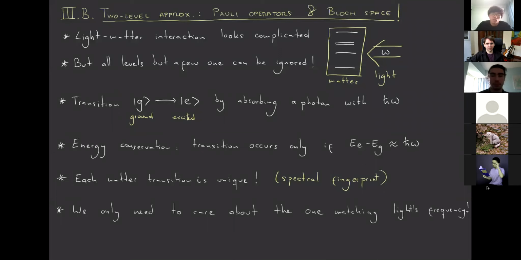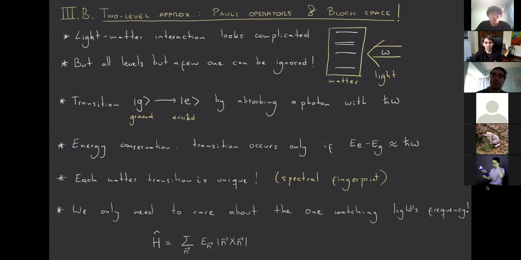Okay, so this is absolutely fantastic. We start with a Hamiltonian. What I am saying, in mathematical terms, is the following. We start with a Hamiltonian that looks rather complicated because it has this representation in its own eigenbasis, so it has a spectrum that is very complicated. But if you know the type of light that you are using and it's very monochromatic, or it just has a few frequencies, then you only need to care about a few levels.